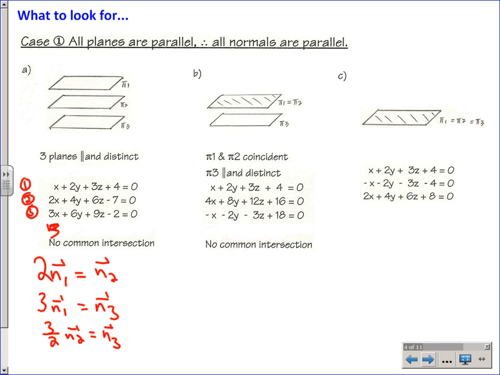Part B there, it says pi 1 and pi 2 are coincident. Coincident is the word we can use to say that they're the same plane. They're right on top of each other. So that's looking at this one and this one. And you can see that what we've done is we just multiplied the whole thing by 4. So 4 times pi 1 equals pi 2.